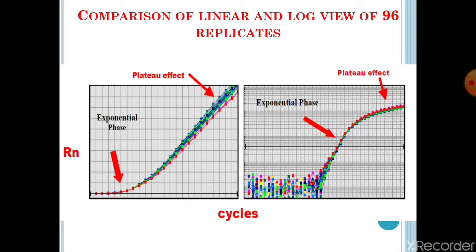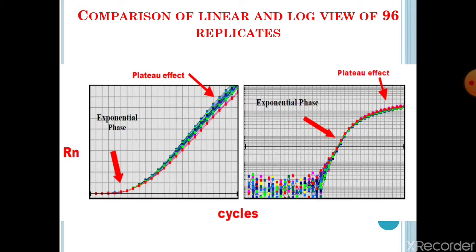As you can see, in the linear view the reactions show a clear separation in the plateau phase. Are you able to see this? The lines starting in the exponential phase you are not able to distinguish, but after reaching the plateau, you can clearly see the separation of these distinct lines. That is for 96 replicates, so a clear-cut separation can be seen.